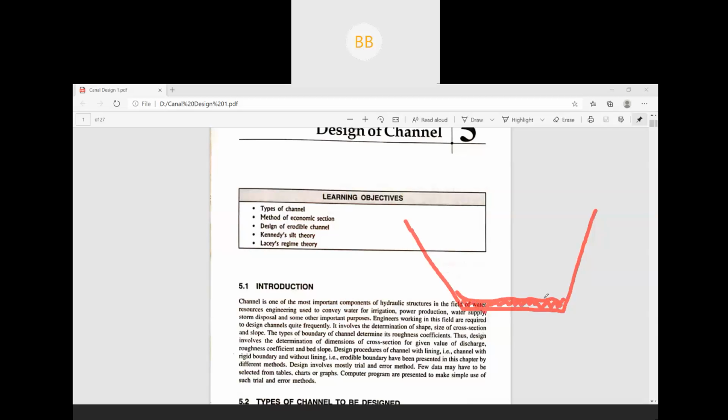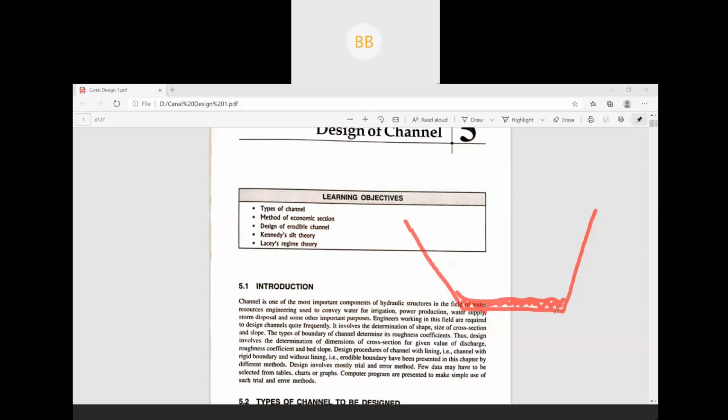If this happens, your capacity of the channel reduces. So those are the disadvantages, which you are going to study in details in the irrigation subject. So here, how we are going to design your lined canal or unlined canal, those things we are going to study in this chapter.